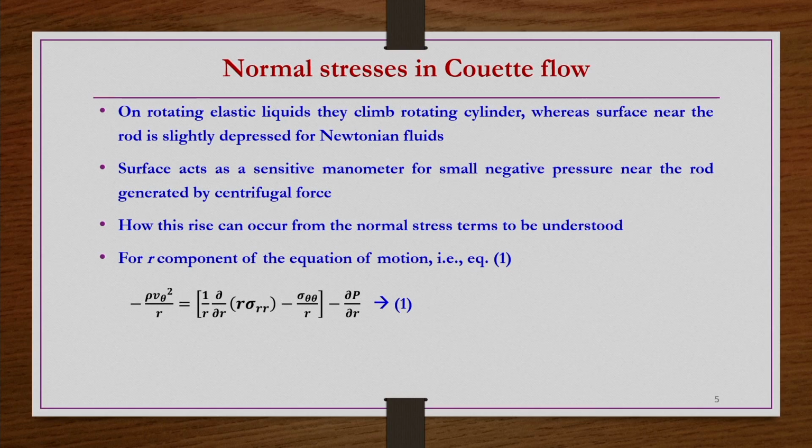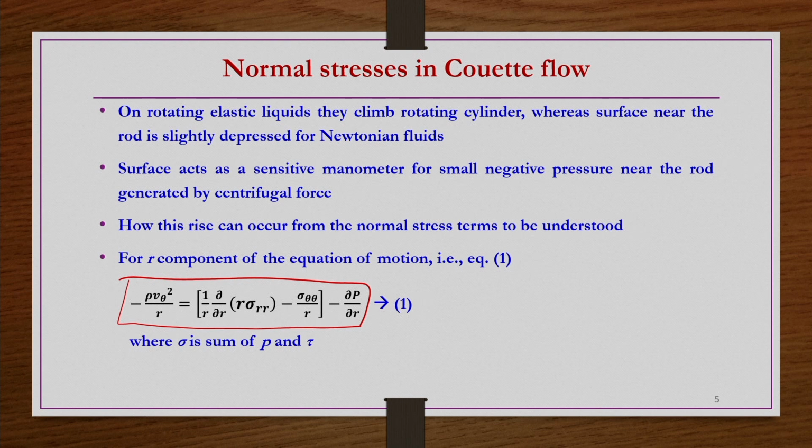The r component of the equation of motion, which we simplified yesterday, provides information about the normal stresses. I have rewritten that equation here, for the case of concentric cylinders. We now make use of this equation to get the information about the normal stresses.